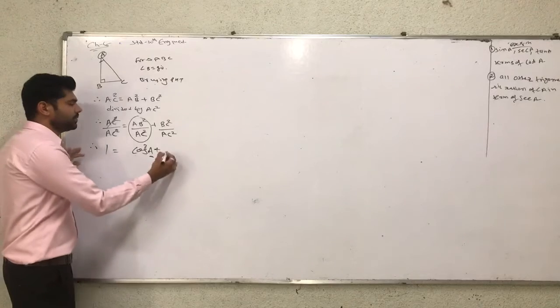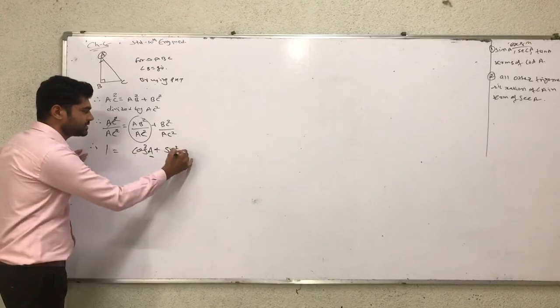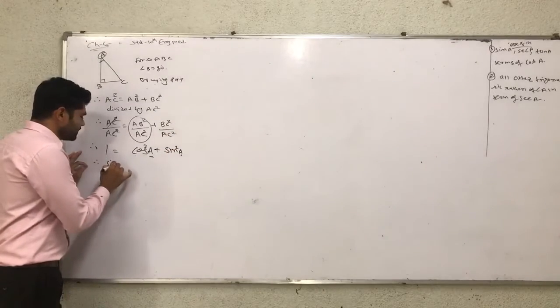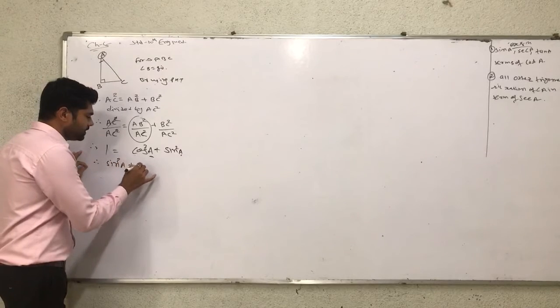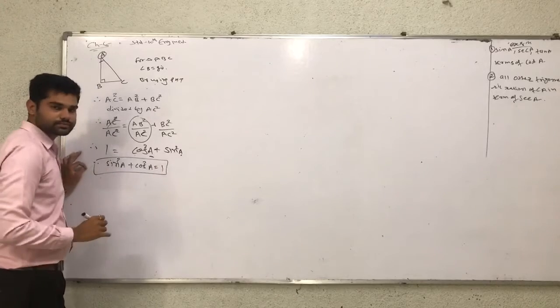So opposite divided by hypotenuse is sine. Therefore sine square A. So we get the equation sine square A plus cos square A is equal to 1.